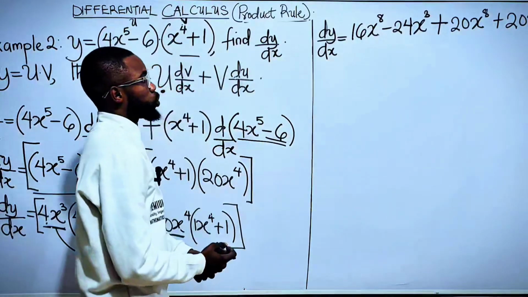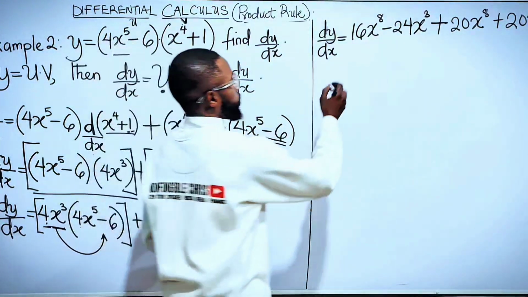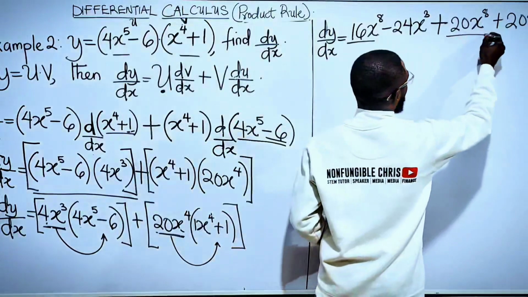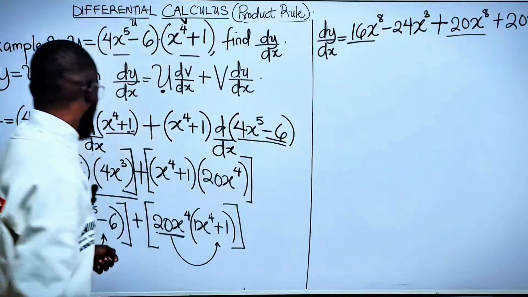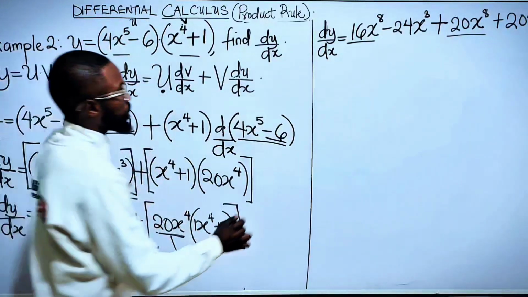Good. So from here, what do we do? We collect like terms. The one that has raised to the power of 8, we take them one side, and we're having x raised to the power of 3 here, so we're not touching it at all. So let's just arrange it, right?